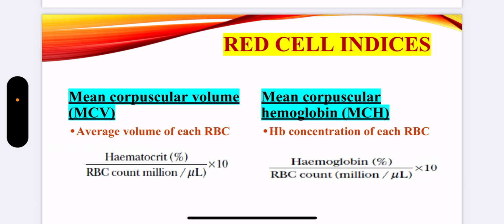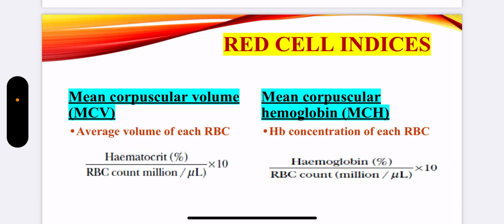Normal value of MCV is around 87 femtoliter in both males and females. When MCV is normal, we can say RBCs are normocytes. When it is more, they are macrocytes. When it is lesser, we can say these are microcytes. Volume increased or volume decreased.